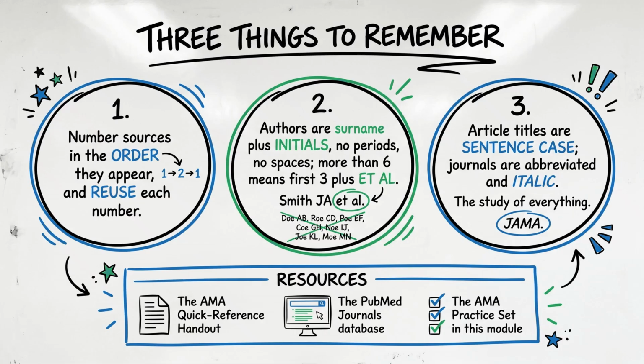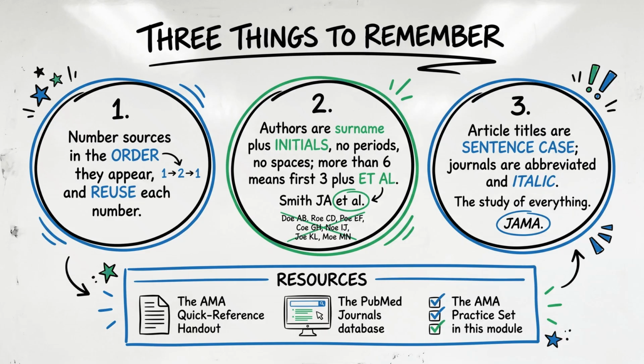We've covered a lot, so let's quickly recap the 3 most important takeaways. These rules are your foundation for correct AMA style. To recap, first, number your sources in the order they appear and reuse each number. Second, authors are surname plus initials with no periods or spaces, and more than 6 authors means first 3 plus et al.